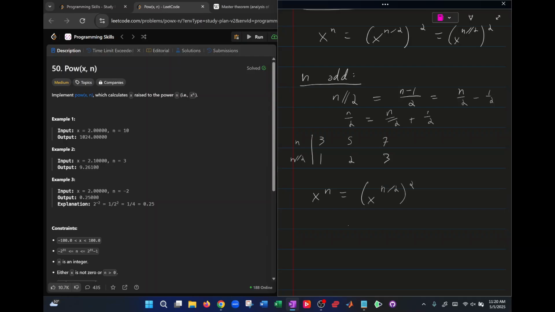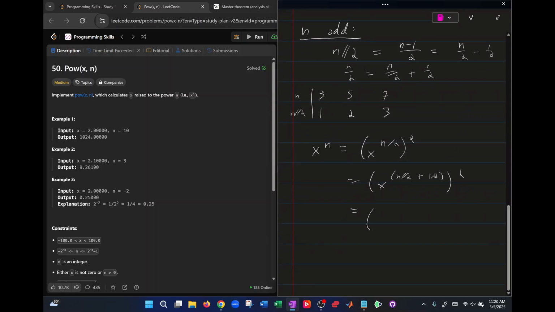So this is going to be x to the n // 2 plus a half, squared. So this is going to be x to the n // 2, x to the 1/2, squared.